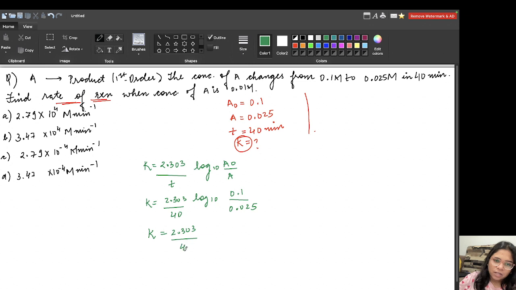I can write it as 2 raised to the power 2. So K equal to 2.303 by 40 into 2 into 0.3. When you solve all this, I think it will come, let me check.